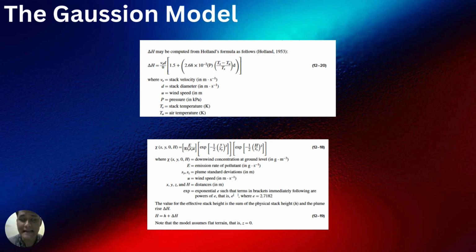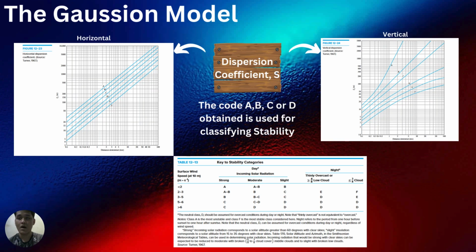As mentioned in the assumptions, the value of the effective stack height, capital H, is equal to the sum of the physical stack height, small letter h, and the plume rise delta H. To calculate downwind concentration of equation 12.18, we need values for plume standard deviation Sy and Sz.